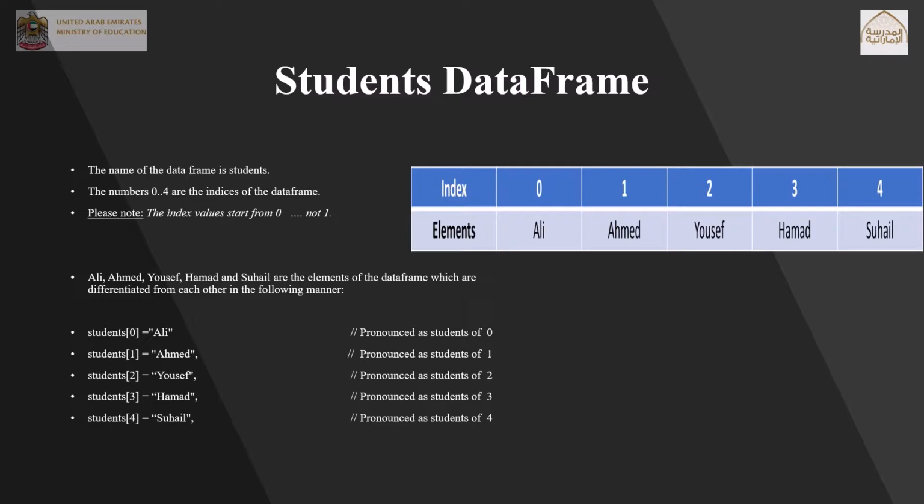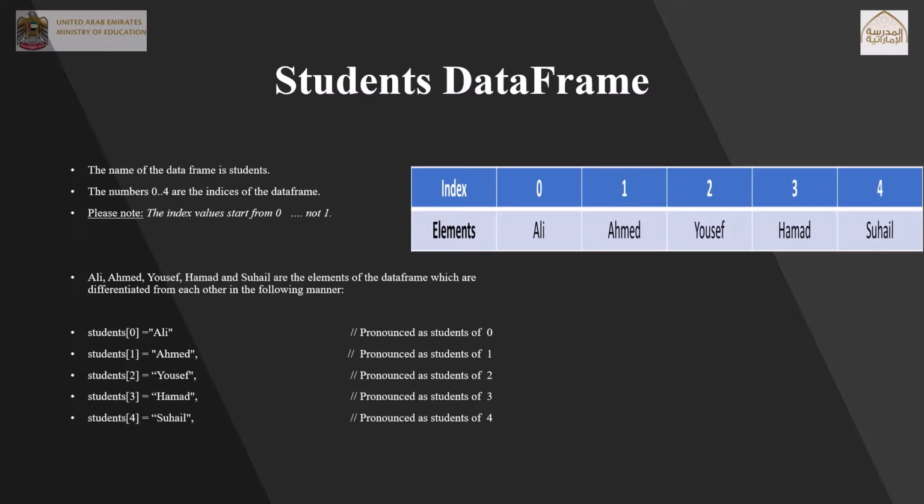You can use the shorthand notation to pronounce these. The students of 0 is Ali. Students of 1 is Ahmad. Students of 2 is Yusuf. Students of 3 is Hamad. And students of 4 is Sohail.